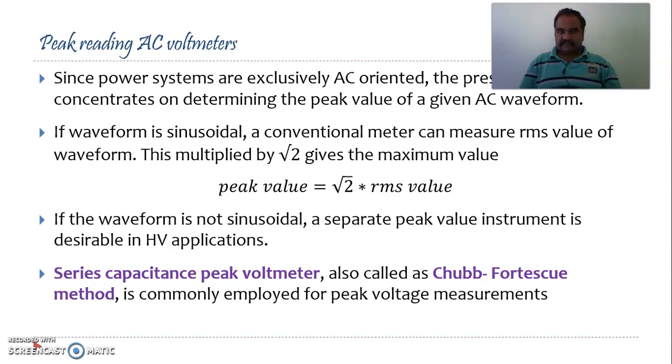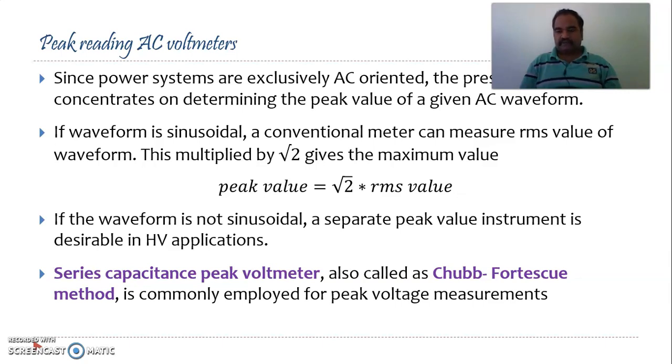Coming to the introduction of peak reading AC voltmeters, you know that most of the power systems work on AC. If the given AC signal is purely sinusoidal, then we can directly measure the RMS value through various techniques which we have already learned, and multiply it by root 2 to get the peak value.